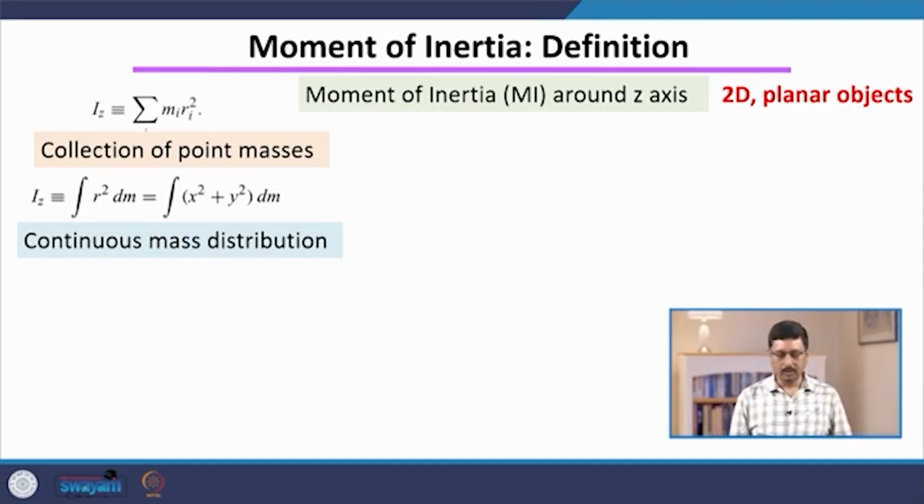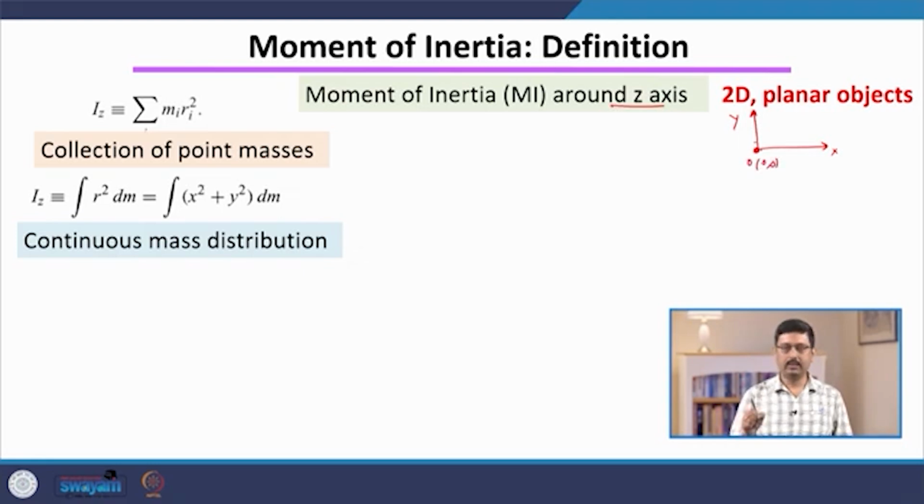Just recall that if you consider a 2D object, the moment of inertia about the z axis. Let's consider the mass distribution is confined to the xy plane, then our axis of rotation is the z axis and the pivot point is the origin.